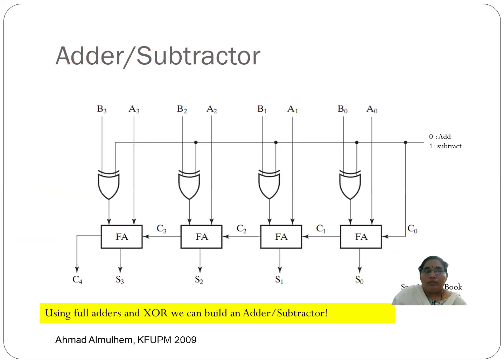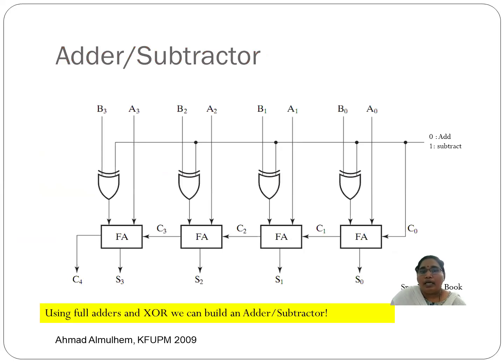For all these XOR gates, the carry input is connected as the second input. This carry input will decide whether the operation performed by the circuit is addition or subtraction. So now let us see.